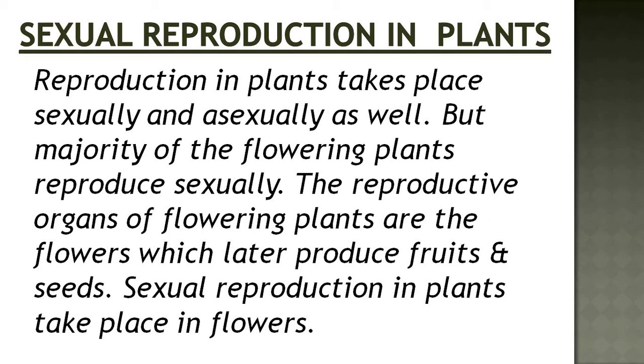But you know, children, the majority of flowering plants reproduce sexually. You all know that the reproductive organ of flowering plants is the flower, and these flowers change into fruits and seeds, meaning the flower converts into fruit and forms seeds. So sexual reproduction in plants takes place in the flower.